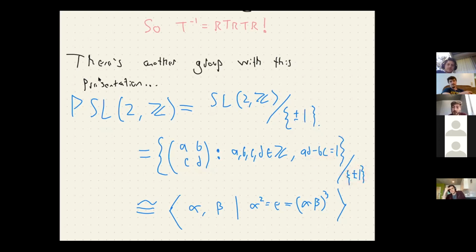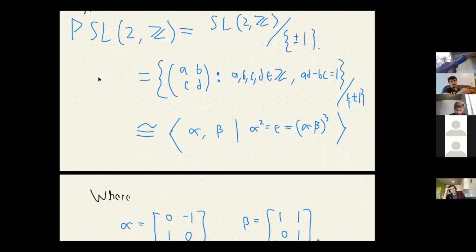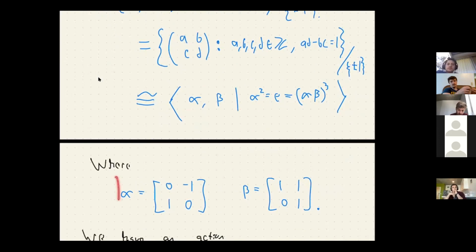And so it turns out that this group actually has the exact same presentation. It's generated by two guys, alpha and beta. Alpha has order 2 and alpha beta has order 3. Okay, so that's cool. What are the matrices for alpha and beta? These are the matrices. So alpha is this matrix 0, negative 1, 1, 0.